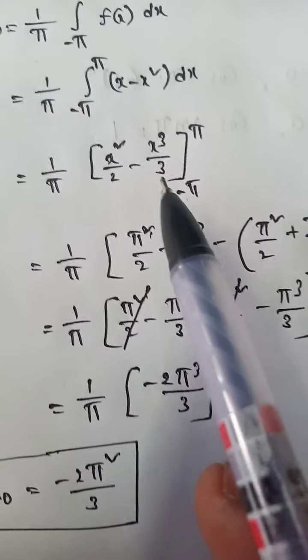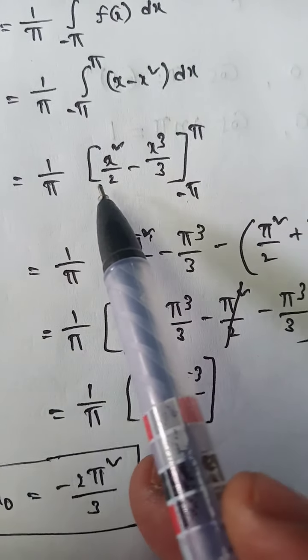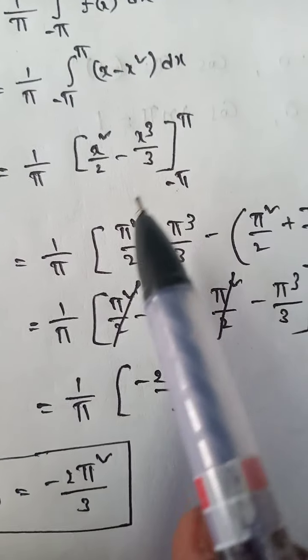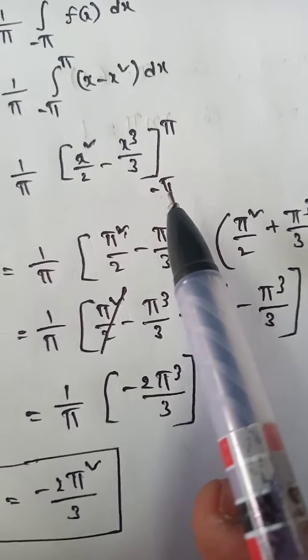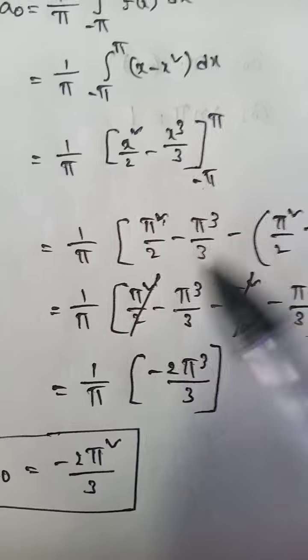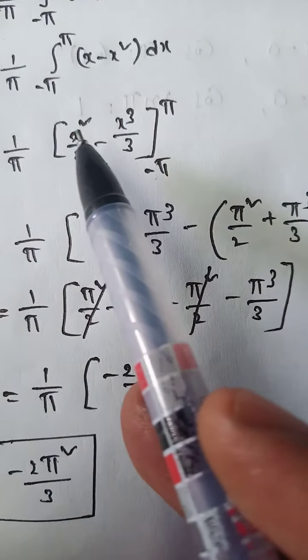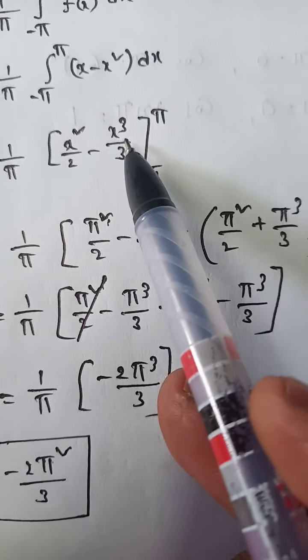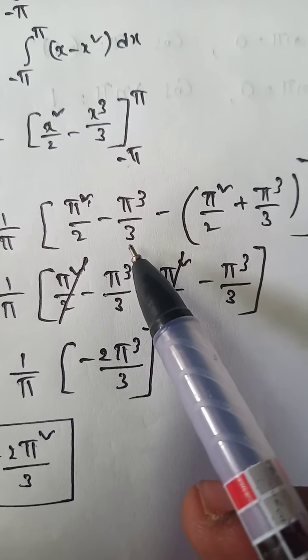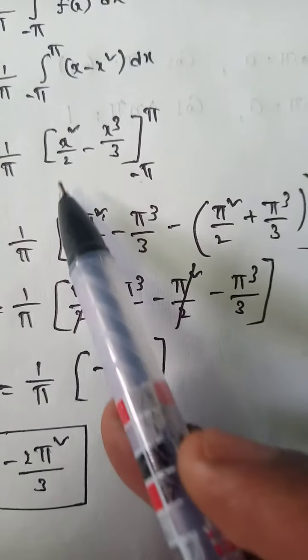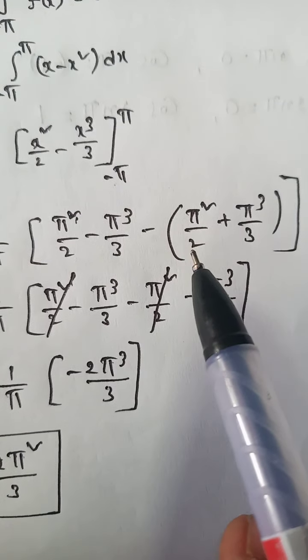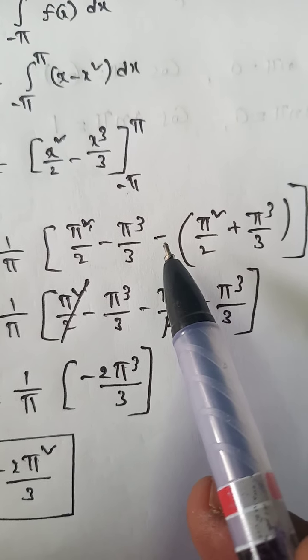Now two terms are there. In these two terms we first substitute the upper limit pi, minus, and next in those two terms in the place of x we substitute the lower limit minus pi. That equals 1 by pi times, in the place of x pi: pi square by 2 minus pi cube by 3. That means I have substituted the upper limit pi in these two terms. Before moving on to the lower limit, in the middle we will have minus.